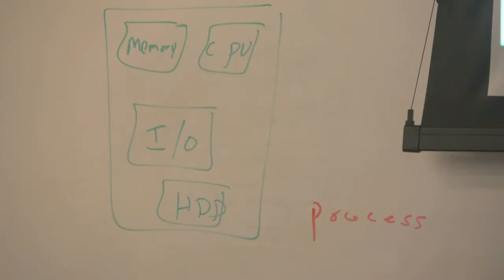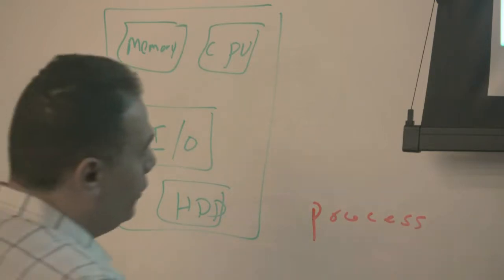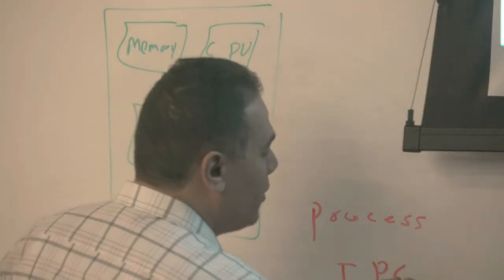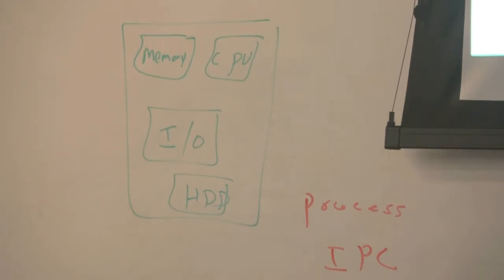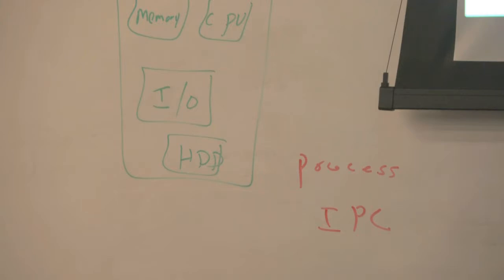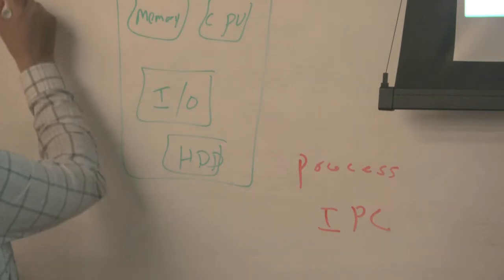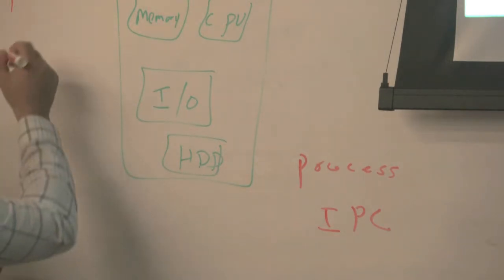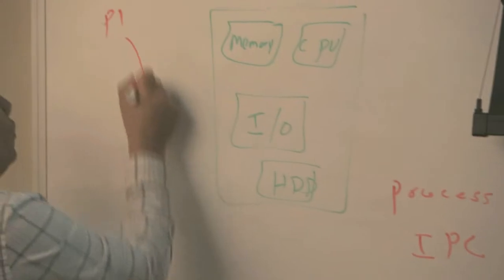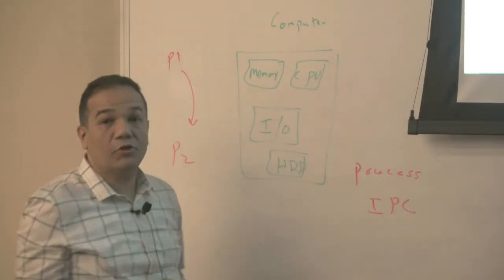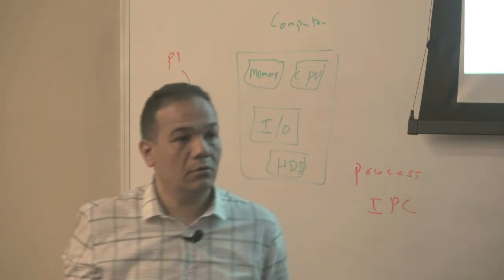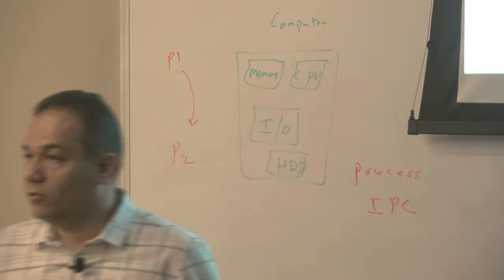Now, we have something called inter-process communication, where multiple processes communicate data. For example, process one produces the data and moves it to process two, and let's say process two does sorting or analyzing of the data.